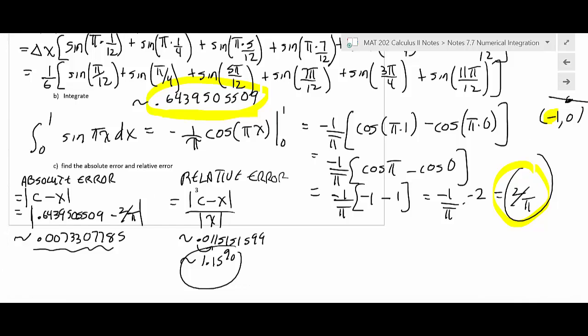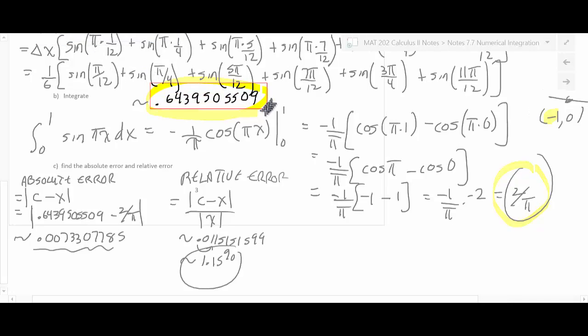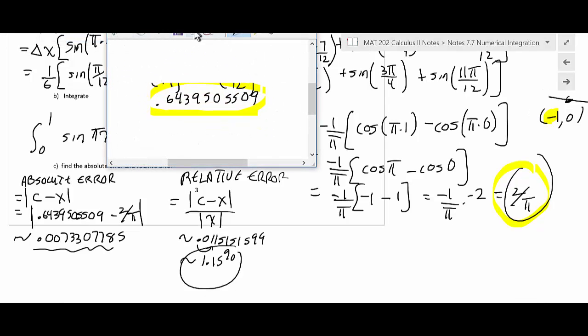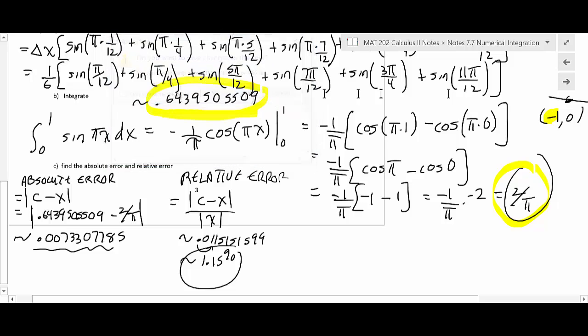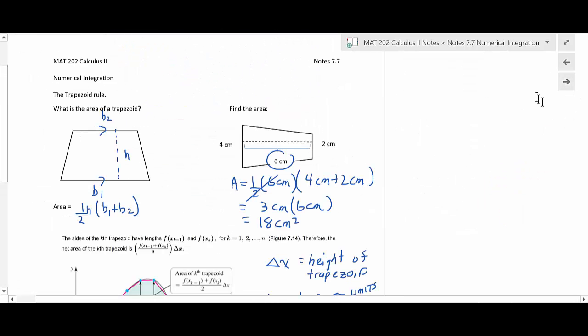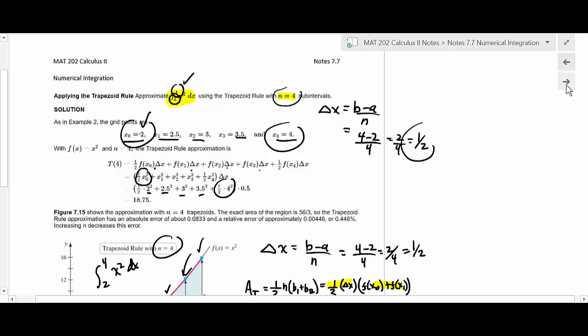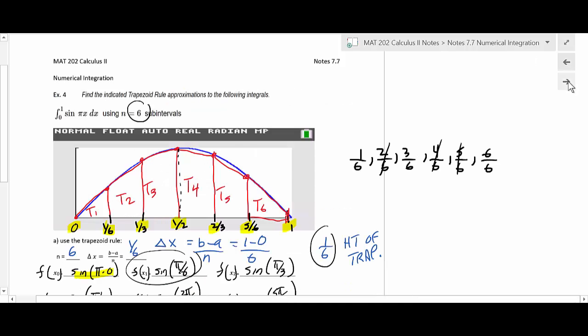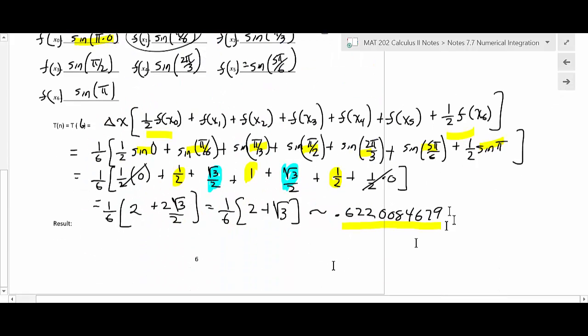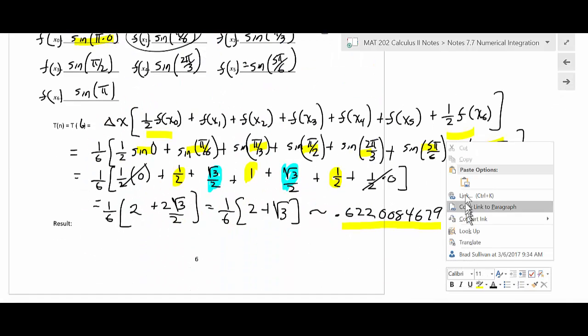So I'm going to take a snapshot of this, and we'll compare the two. So that's the midpoint approximation there. And let's see how close we are in these two things. Okay, all right, so here's what we have.